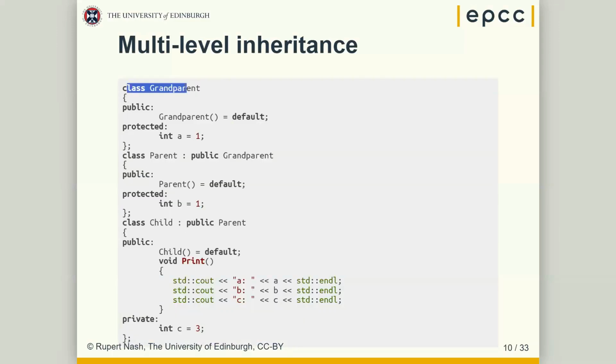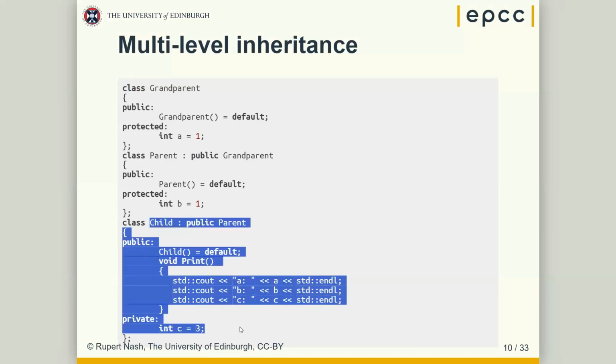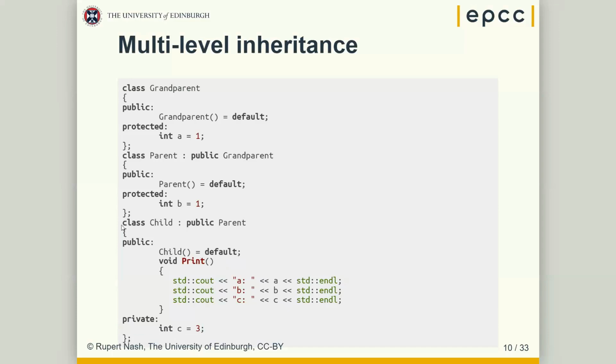So you have to look at grandparent and parent explicitly to understand what's really in here. That saves code duplication, which is great, but it increases the complexity of the program significantly. So you need to think very carefully about how complex these structures can become.